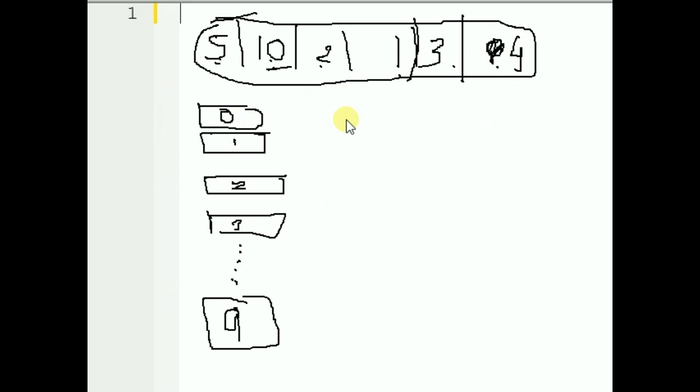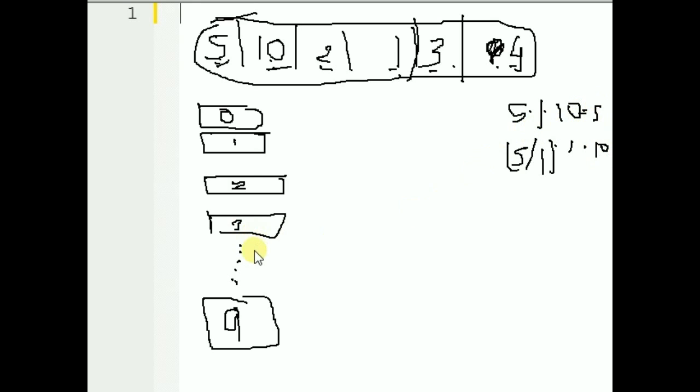Now what to do is this 5, 10, 2, 1, 3, 4. We would proceed in this manner. Let's take the first element 5. 5 mod 10 is 5.